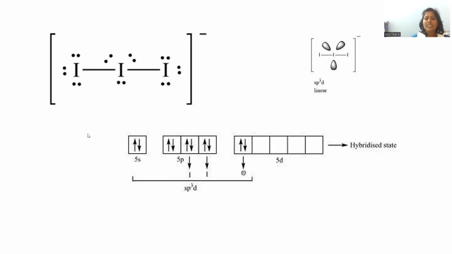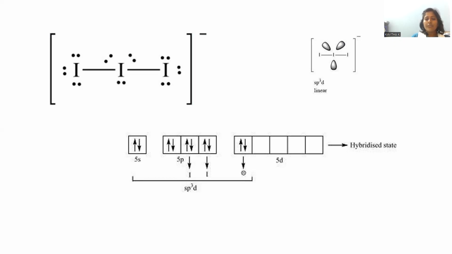One more electron comes with one iodine, another electron with another iodine, and the negative charge also provides one more electron, so that after connecting with 2 more iodine atoms, this will become a 10 electron system in the valence orbital, and it will participate in sp3d hybridization.